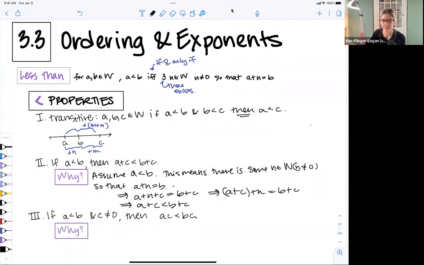Okay, so we start off, and I encourage you to maybe try pausing the video here and writing out a justification for property number 3 on your own first. But here I would start by assuming what is on the left here, so after the if, but before the then. So I'm going to suppose that A is less than B, and that C is non-zero.